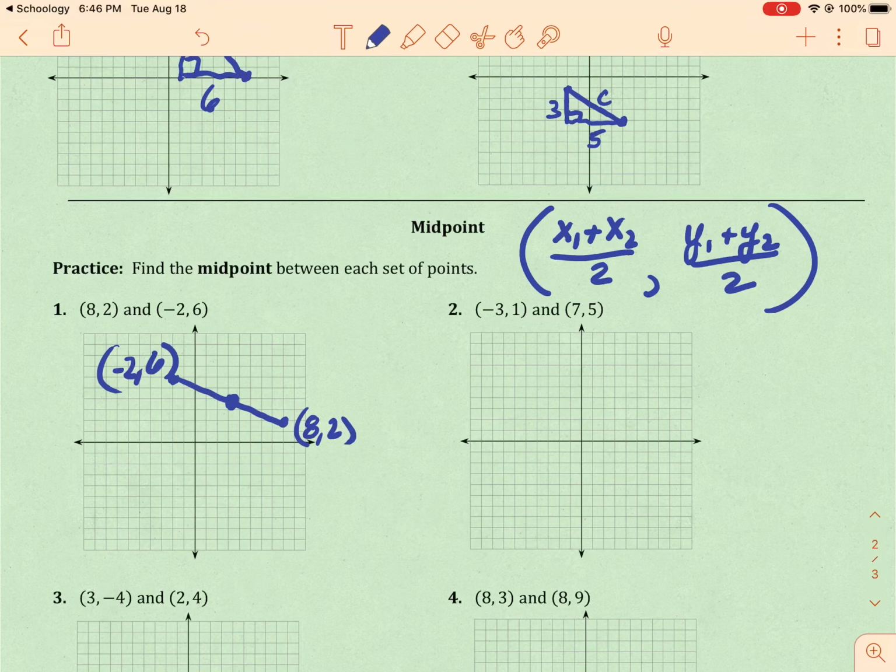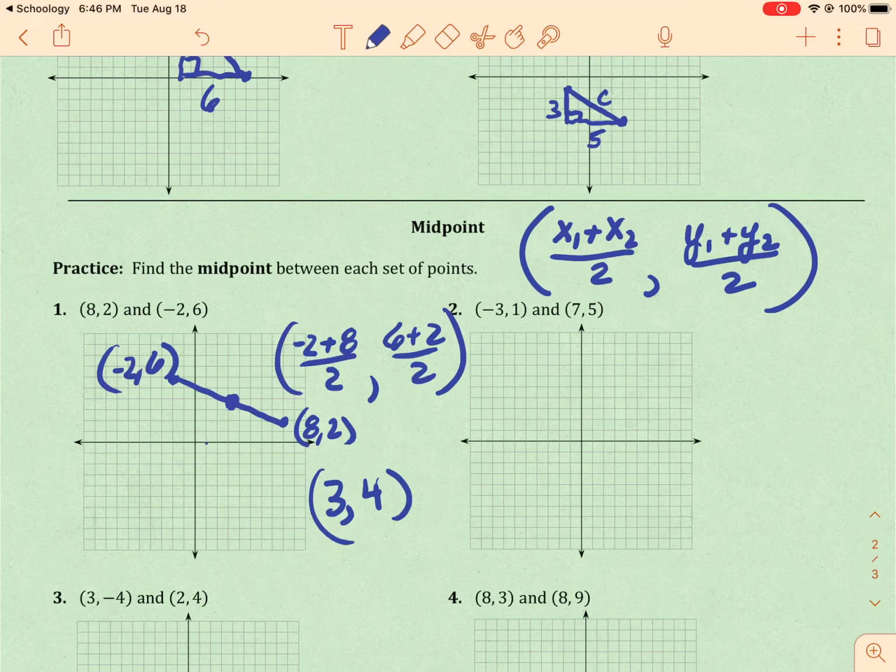So we're taking negative 2 plus 8 divided by 2, and then we're taking our 6 plus 2 divided by 2. Negative 2 plus 8 is 6. 6 divided by 2 is 3. 6 plus 2 is 8. 8 divided by 2 is 4. Now if we look, 1, 2, 3, 1, 2, 3, 4. We are right, it falls directly in the middle.